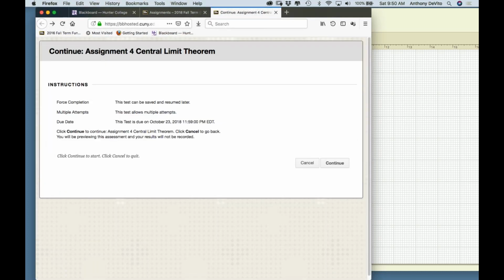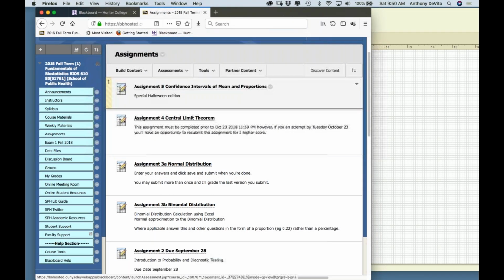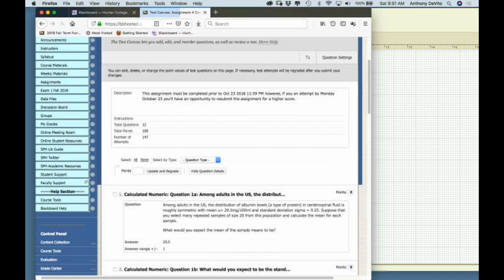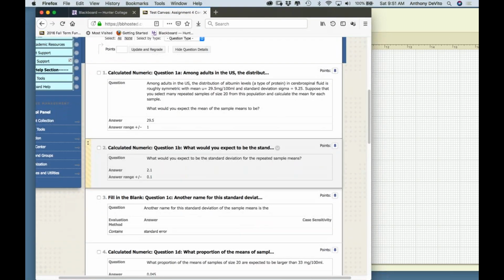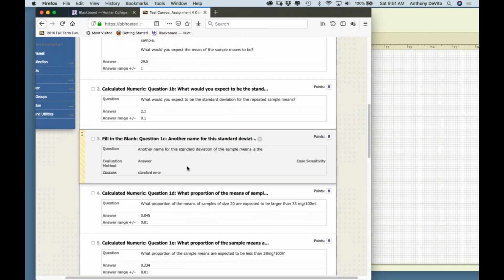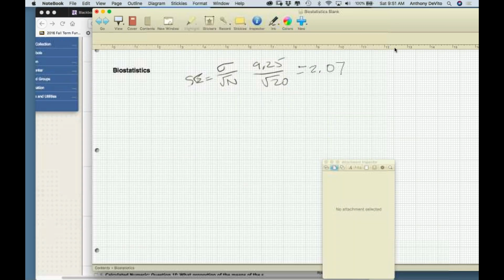Let me go back another one. Let's go back here and make sure I got it right. Standard error, 2.1. Is that what I got?